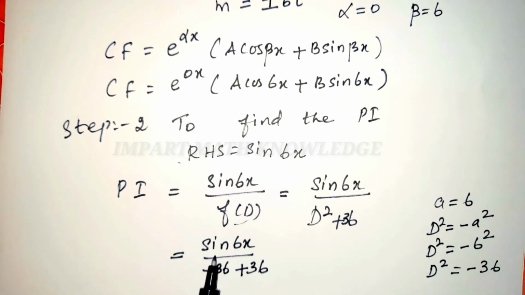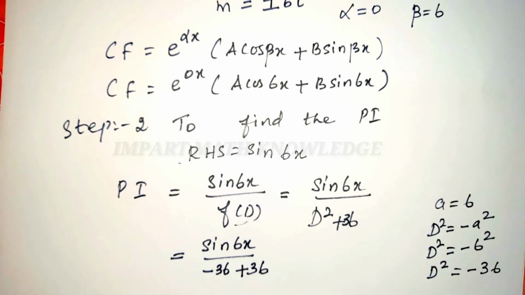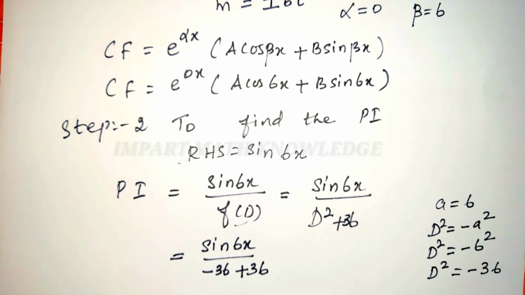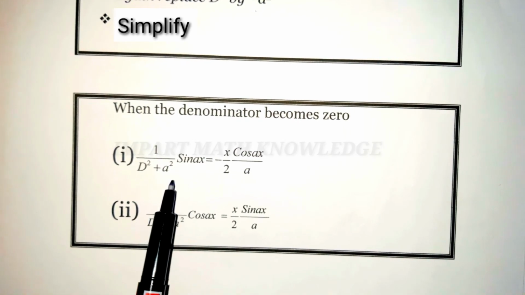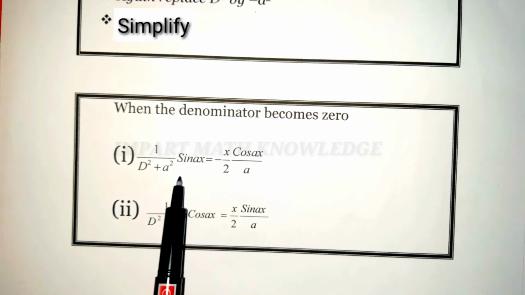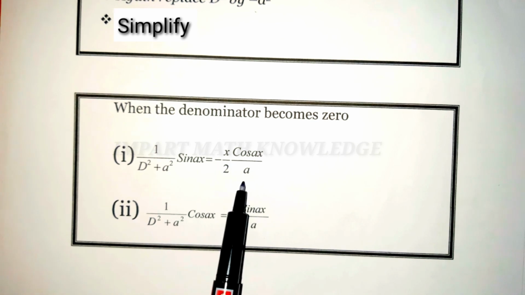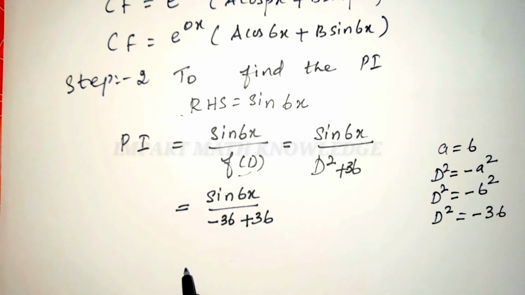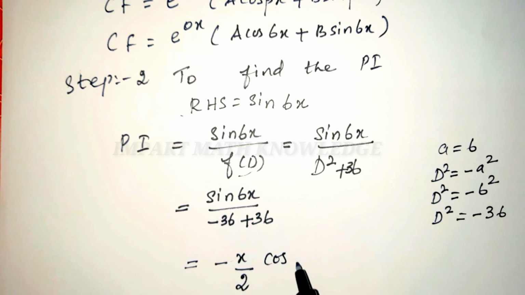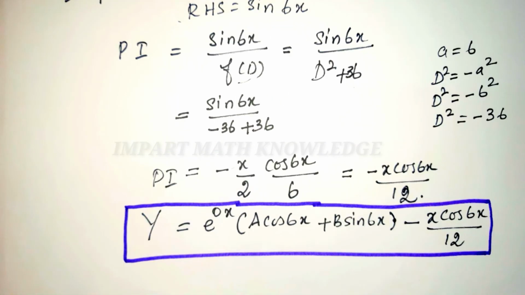So the particular integral is sin 6x by (−36 + 36). Here denominator is 0. In the sine term, if the denominator is 0, the particular integral is −x by 2 cos ax by a. So this can be written as −x by 2 cos 6x by 6. Particular integral is −x by 12 cos 6x.